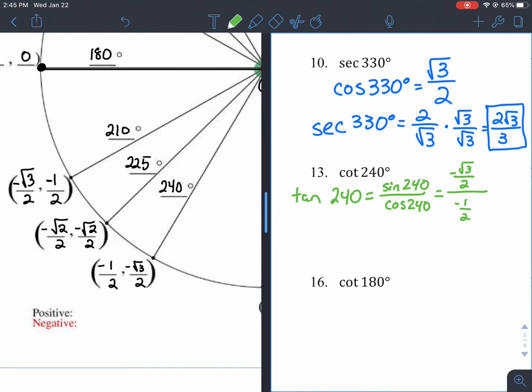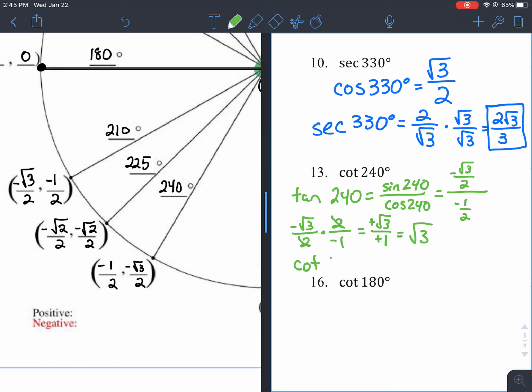So when we go to simplify this, it's going to be the negative root 3 over 2 times the reciprocal, 2 over negative 1. Right away, we should see the 2's cancel out. We have negative root 3 over negative 1. The negatives cancel out, and we're left with just a root 3. Now again, that's the tangent of 240.